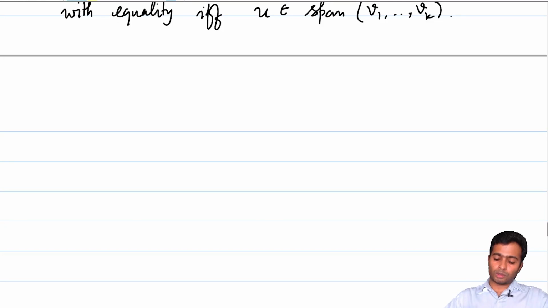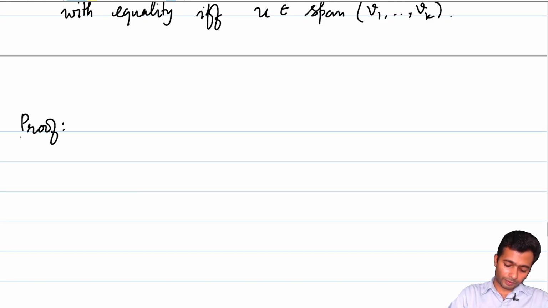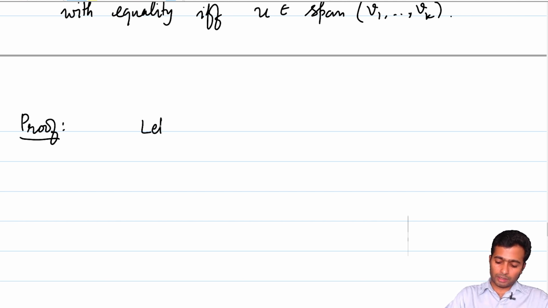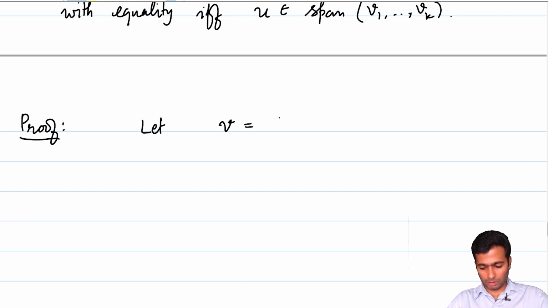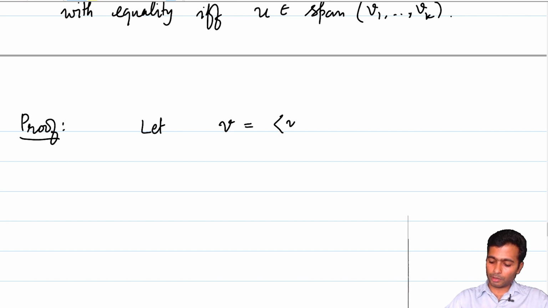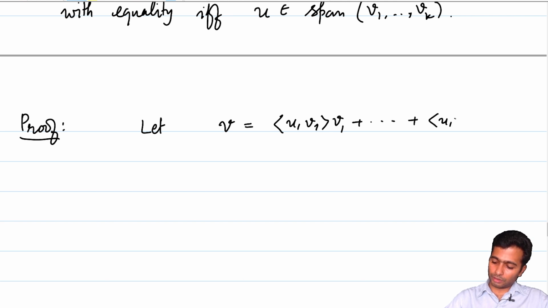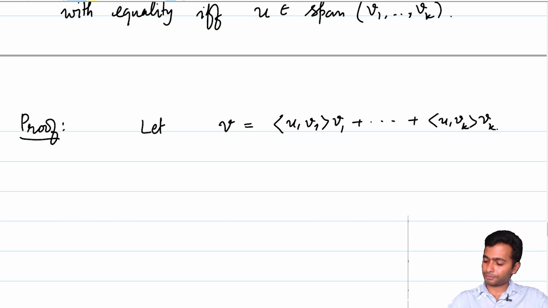Okay, so let's give a proof of this. Let V be equal to the vector given by the inner product of U with V1 times V1 plus up to U with Vk times Vk.